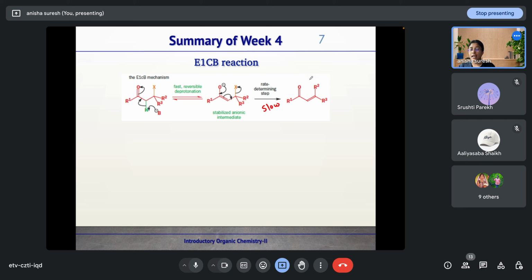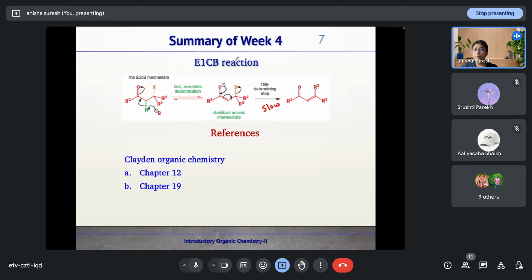So this mechanism is known as E1CB elimination, elimination through conjugate base. For further reference, you can follow Clayden Organic Chemistry Chapter 12 and Chapter 19.